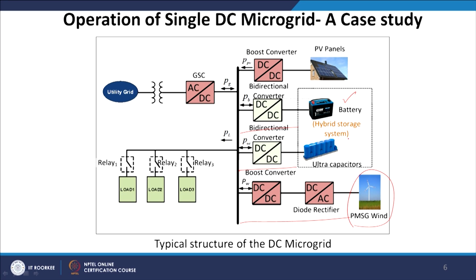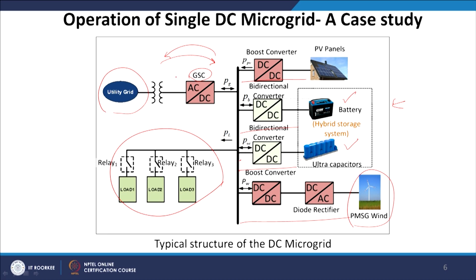Then we have PV panels connected to my DC grid, and we do have loads connected to the DC grid. We have the utility grid, which is AC in nature. So, this is my DC grid. Now, through GSC the power can move from the main grid to the DC grid, as well as it can go from my DC grid to the main grid as and when excess power is available to me in my DC grid.